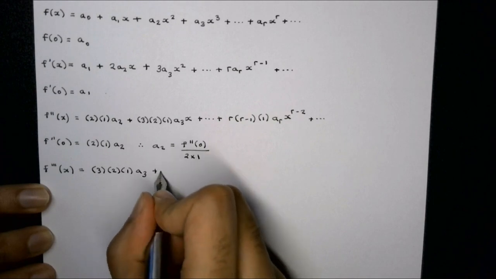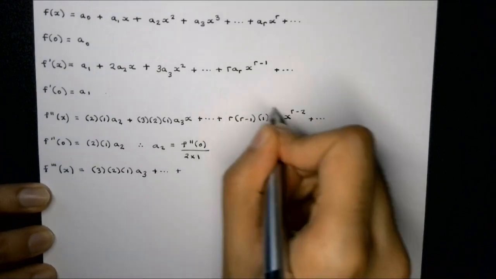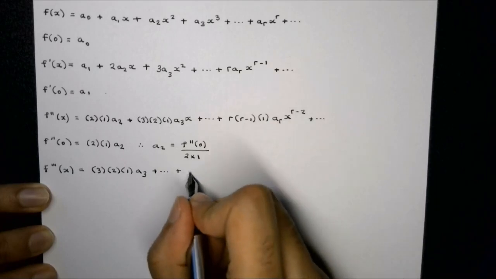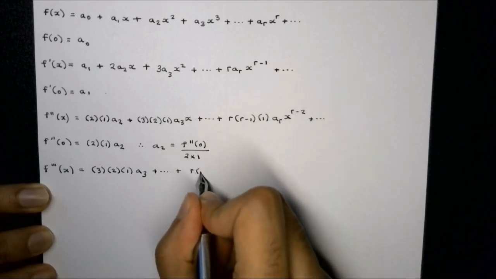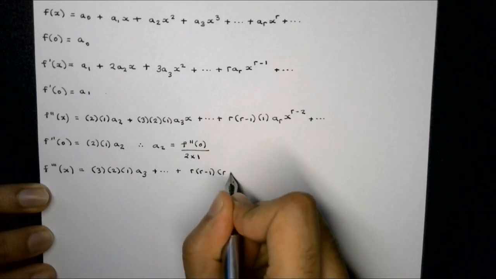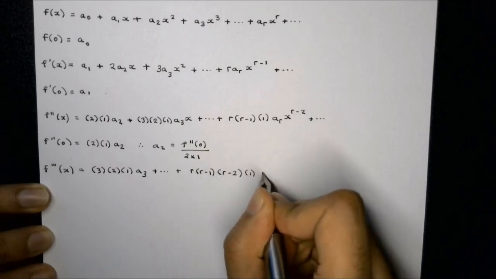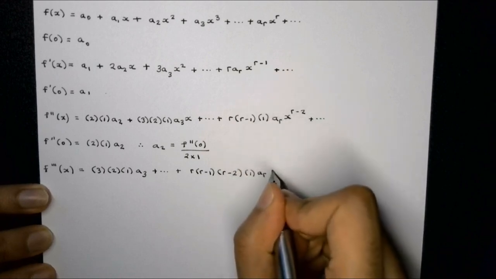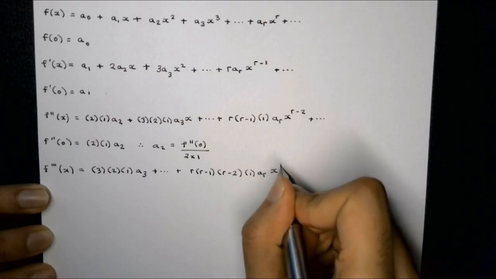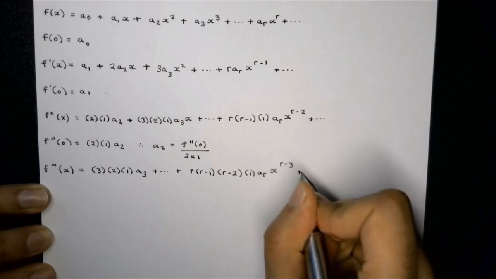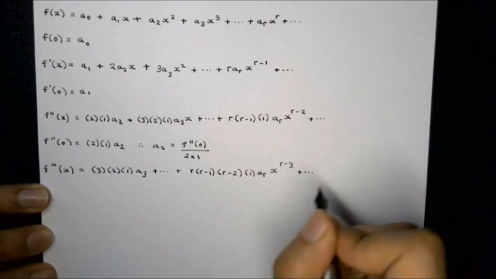And then of course we continue, and if we differentiate this result, we'll end up with r lots of r minus 1, lots of r minus 2, lots of 1, lots of ar times x to the power of r minus 3. And then we can continue on with this.